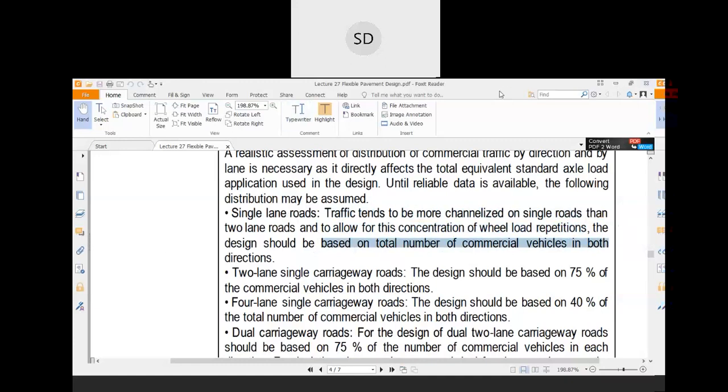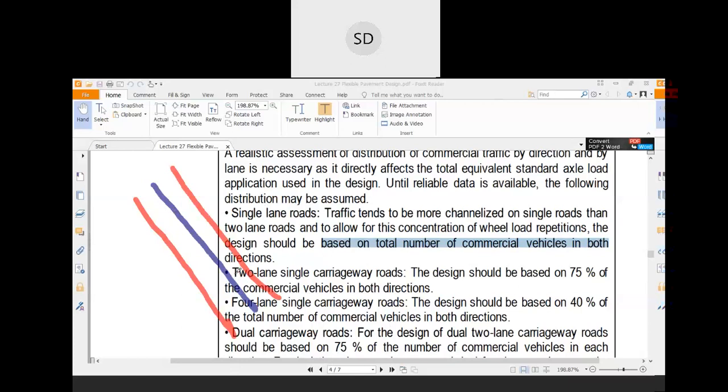So if there is a single lane road, for design purposes you have to consider the total number of commercial vehicles. Whatever numbers you have found from your traffic survey, the total loading should be considered for the design of a single lane road.